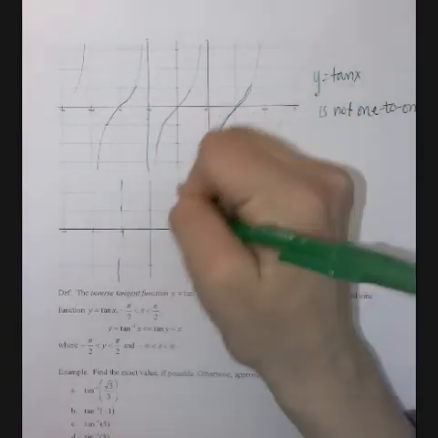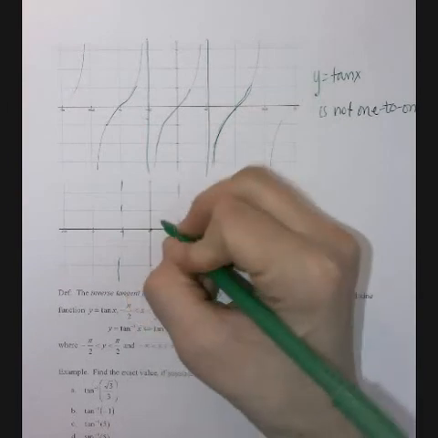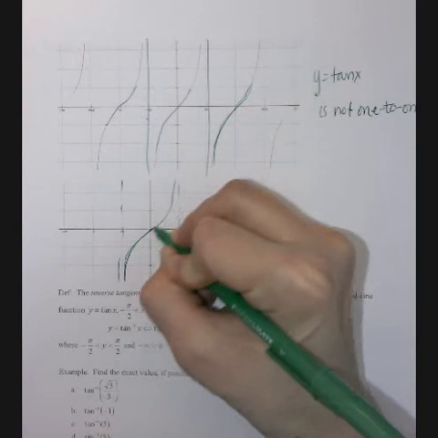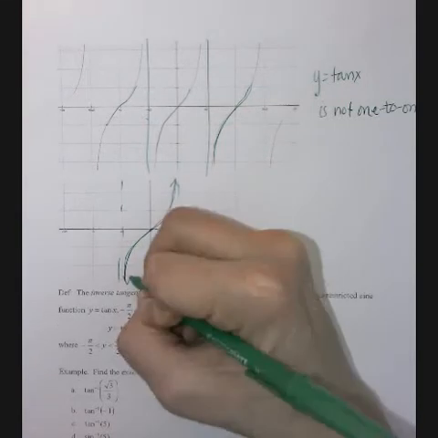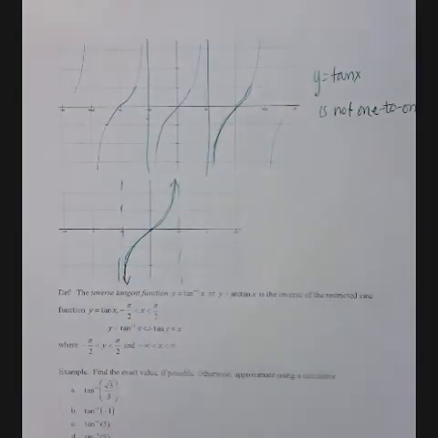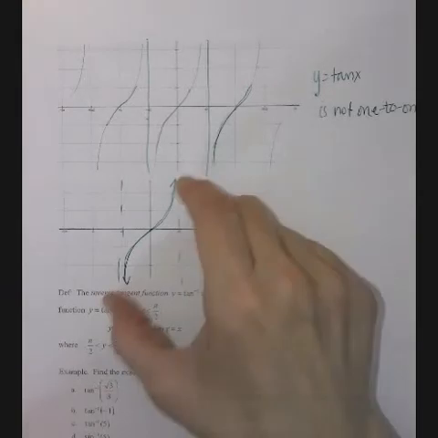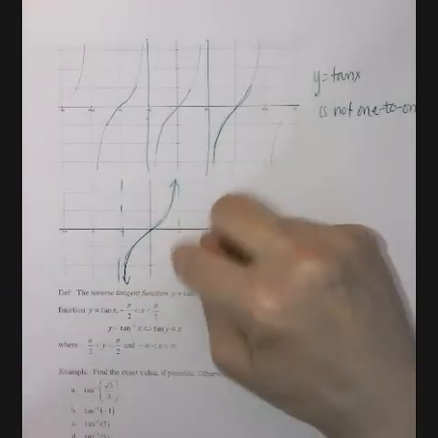So this is almost the same interval that we have for our restricted sine function. I say almost because the sine function includes negative pi over 2, but the tangent function does not, because the function is not defined at the asymptotes.